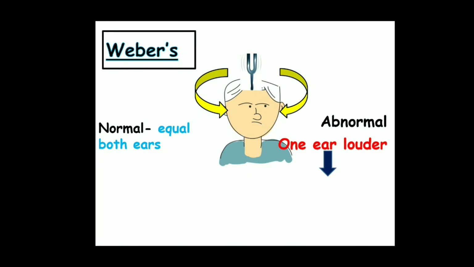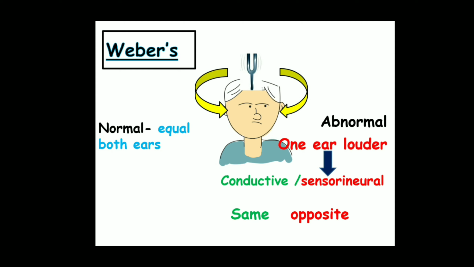That means they have either conductive or sensory neural hearing loss. If it is conductive loss, they hear more sound in the abnormal ear. And if it is sensory neural hearing loss, the sound will be heard best in the normal ear. That means if I have sensory neural hearing loss of the left ear, I won't be able to hear on the left side.